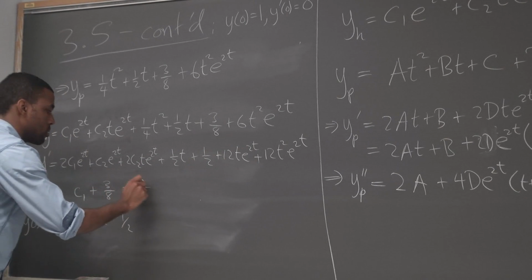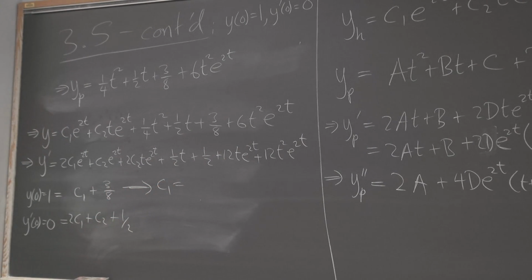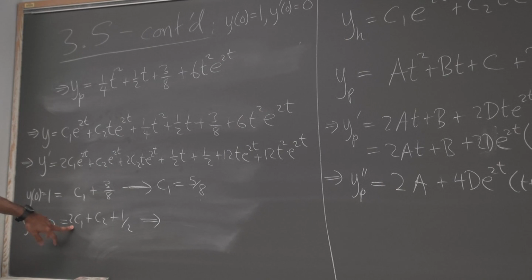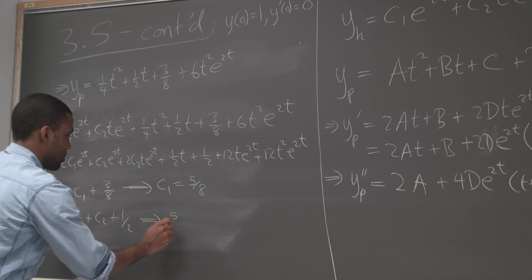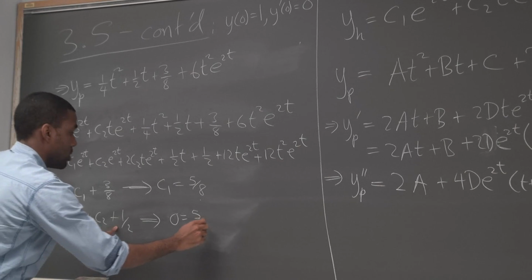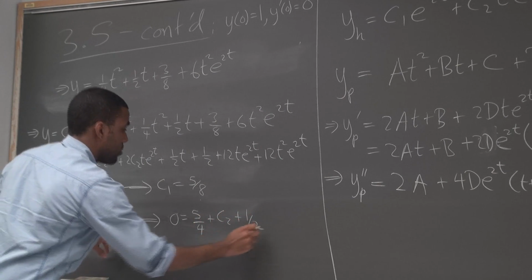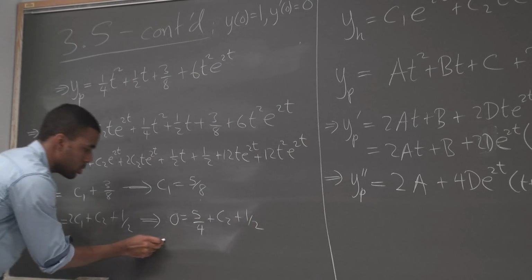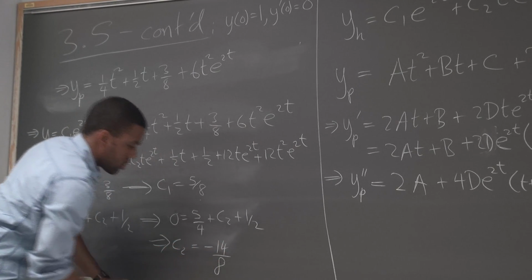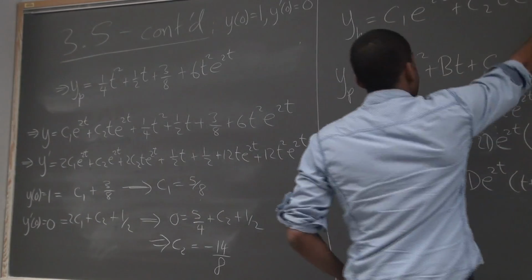And so from here, we have that c1 is equal to what? c1 is equal to 5/8, which means that I can plug in 5/8 over here, and I get 0 is equal to 5 over 4 plus c2 plus 1/2, which means our c2 is what? And finally, we have the general solution.